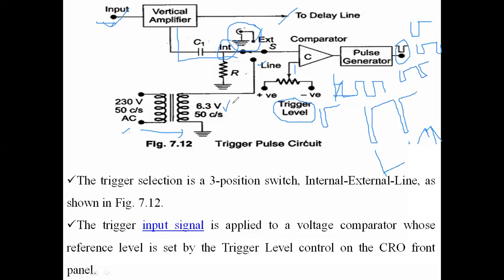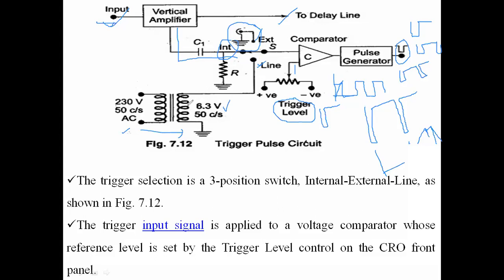So we have an external source, an internal source, and a line source. We can also analyze AC voltage using the CRO. For applying the AC voltage, there is an option, that is the line point. The switch S is shifted to line. Then we analyze the frequency of the applied voltage.